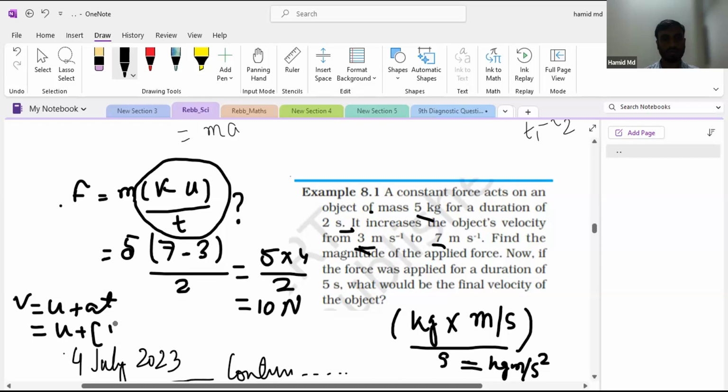Acceleration is v minus u by t, and then this t is multiplied, right? You did the same. That's 4 by 2, right? So here also, 7 minus 3 is how much? 4. So this t and t cancel.